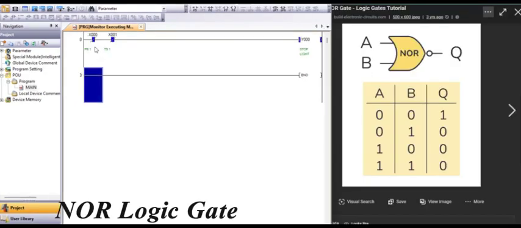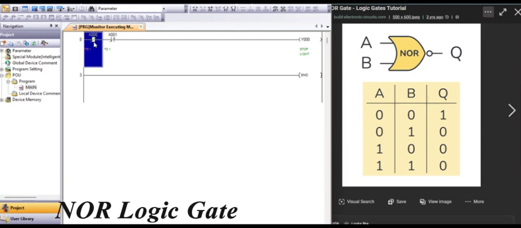So, for our NOR logic gate, after simulation, this is the initial condition. Input A is 0 and input B is 0. The output is energized. If input A is 0 and input B is 1, the output is now not energized.